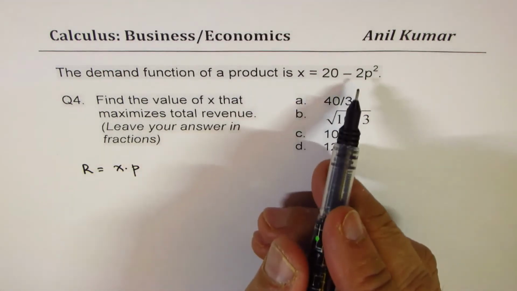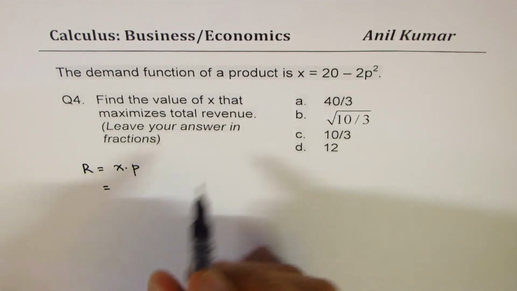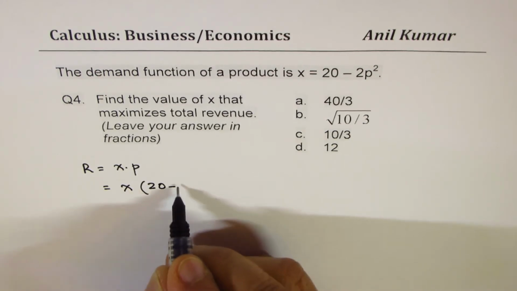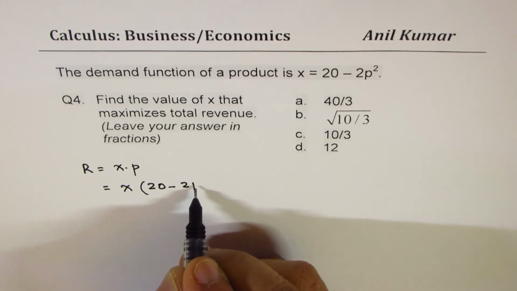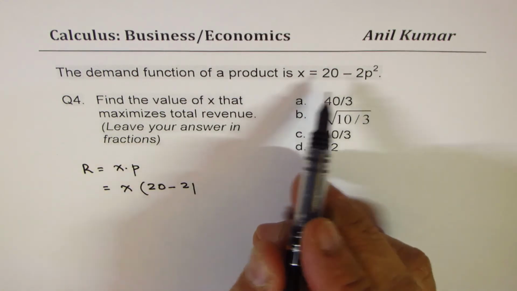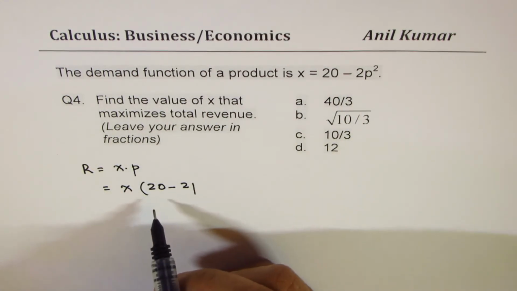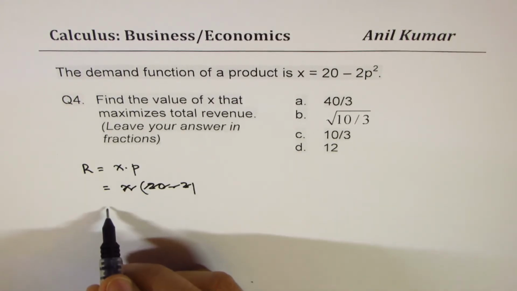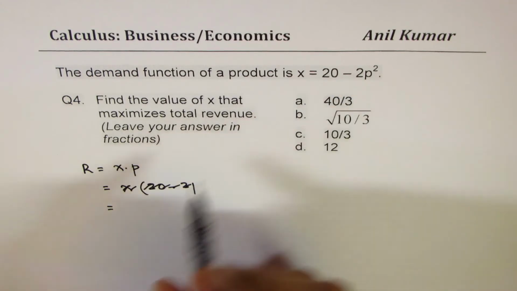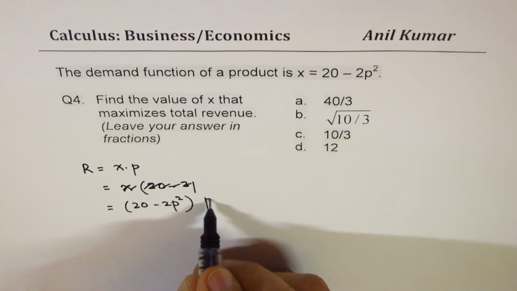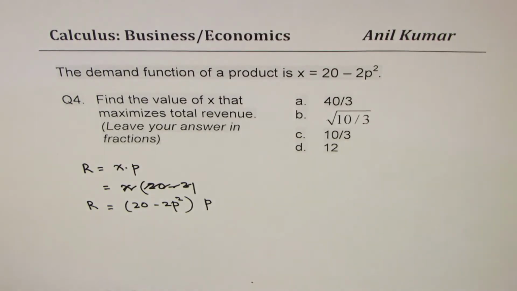I should have written x in terms of p, so let me rewrite this. What we are given here is the x value, which is 20 minus 2p squared, times p, right? So that becomes the revenue.